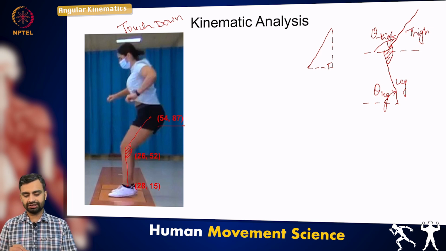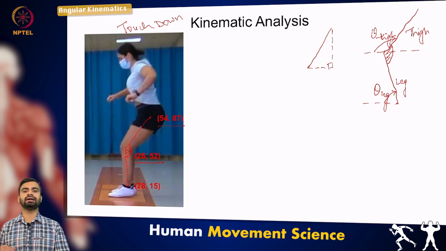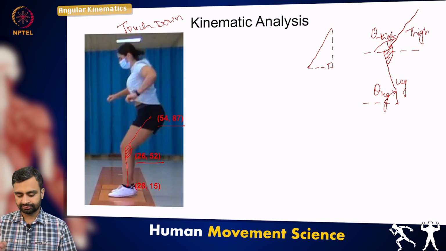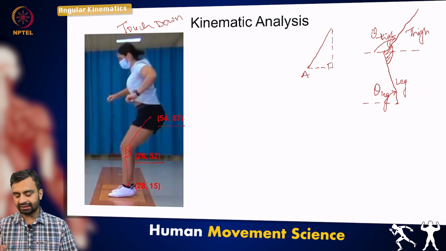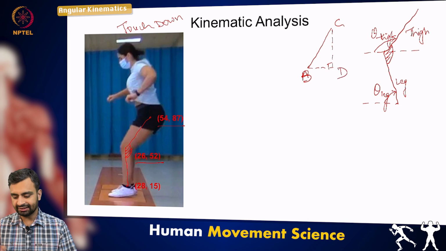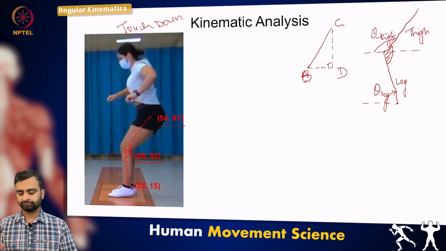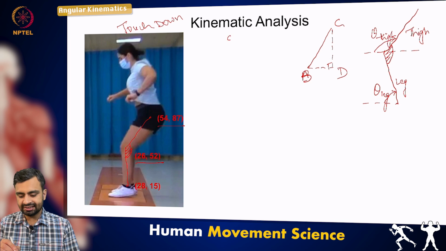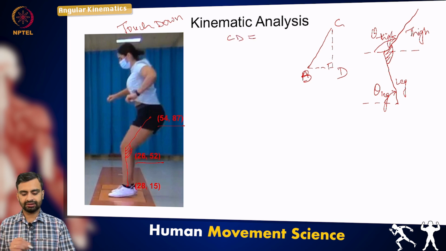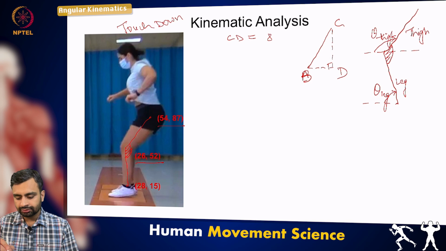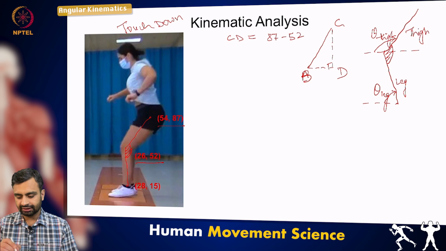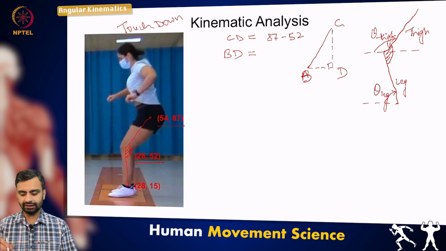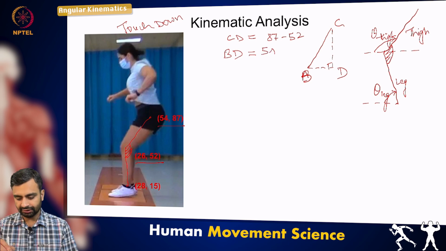Since we are given the coordinates for hip and knee joint as given in the image, let me call this triangle BCD, where the distance CD is nothing but the difference between the y coordinates given here, and BD is nothing but the difference between the x coordinates of hip and knee joints.